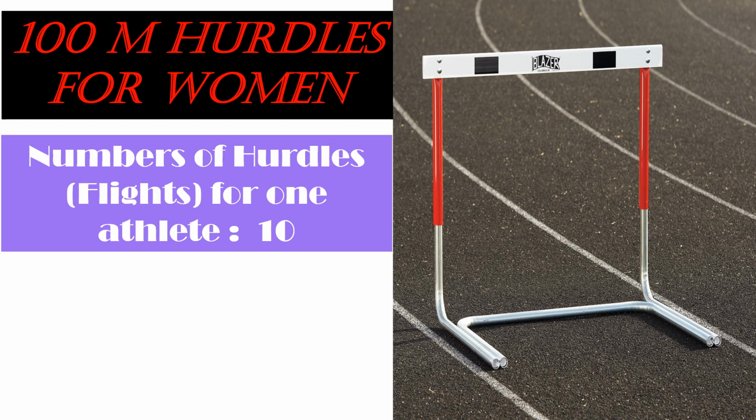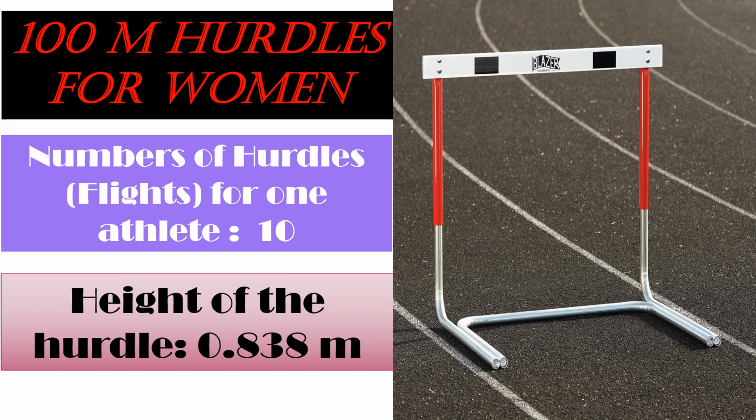Now, let us talk about the 100 meters hurdle, which is for the women category. As far as flights are concerned, it is also the same. A woman athlete has to go over 10 hurdles. Every athlete will be going over the 10 hurdles and then only they will move to the finish line.